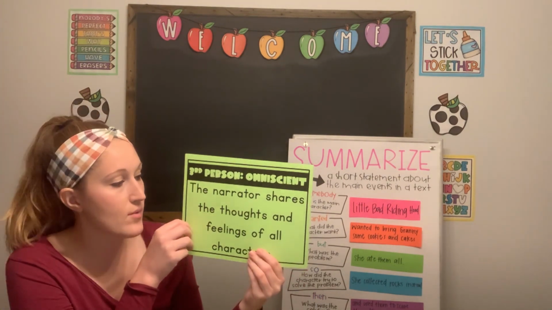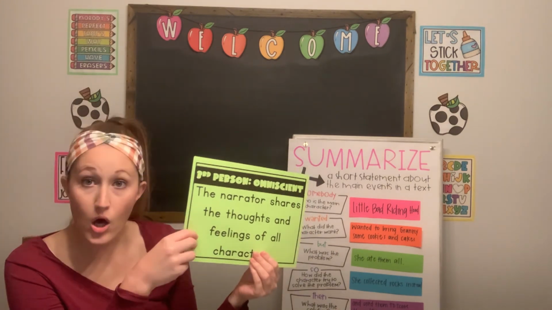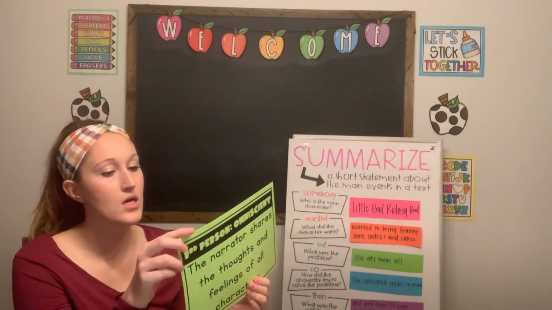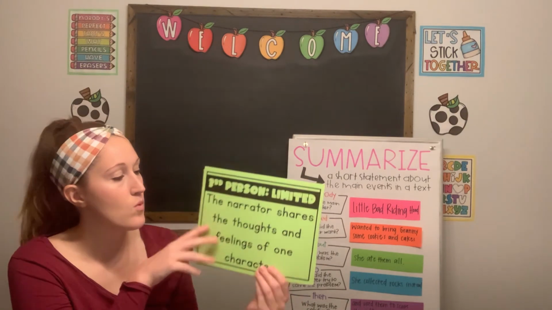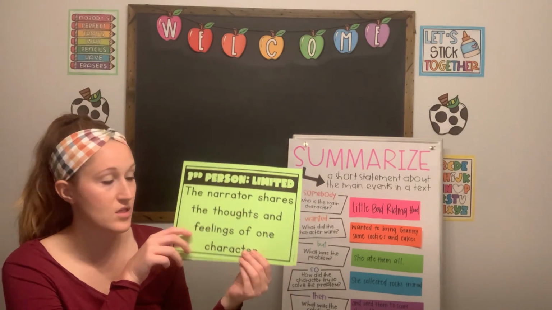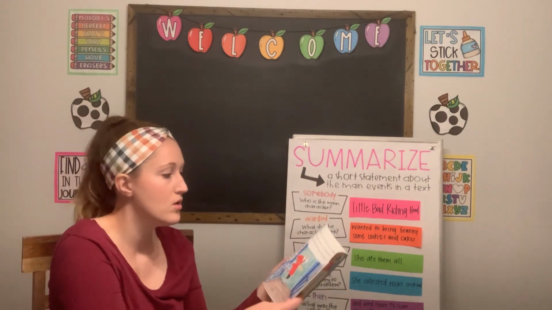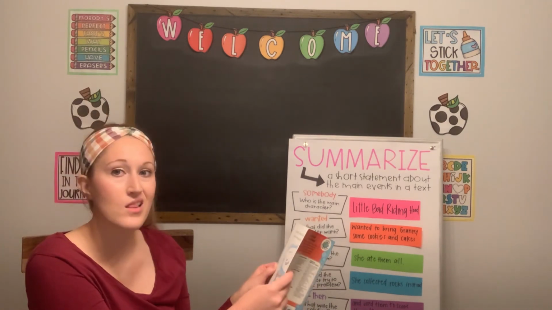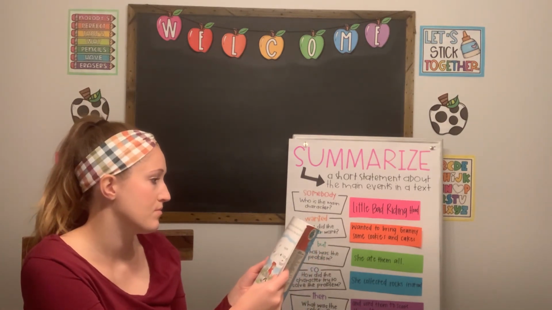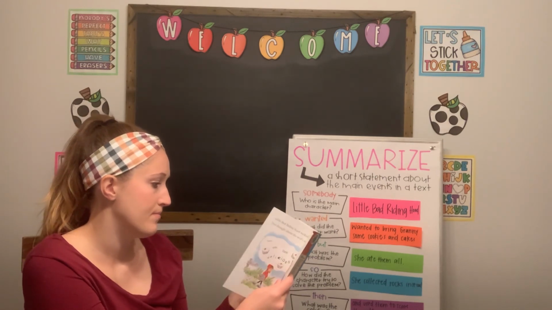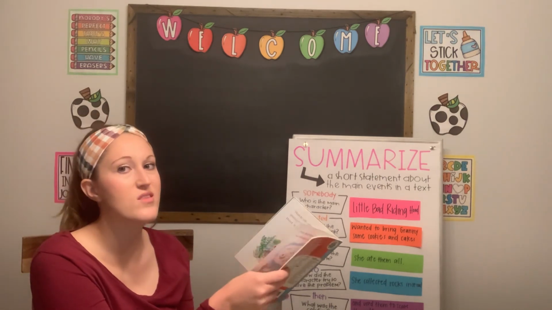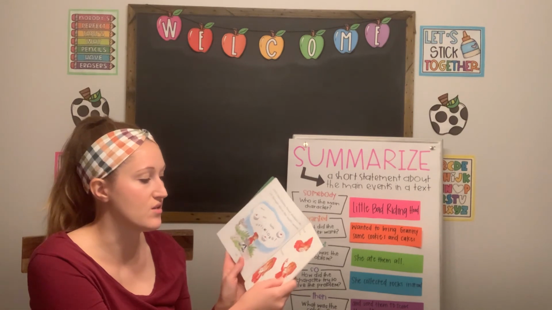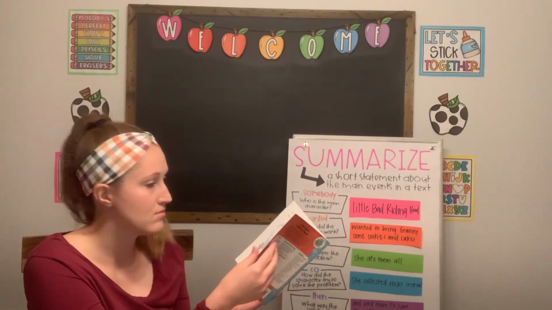Omniscient, when the narrator shares the thoughts and feelings of all the characters, and limited, when the narrator shares the thoughts and feelings of just one character. So what do you think? Is this limited or omniscient? Let's see. Do we know the thoughts and feelings of Little Bad Riding Hood?